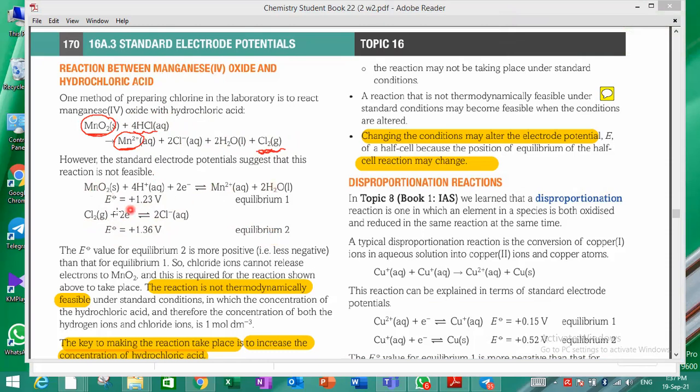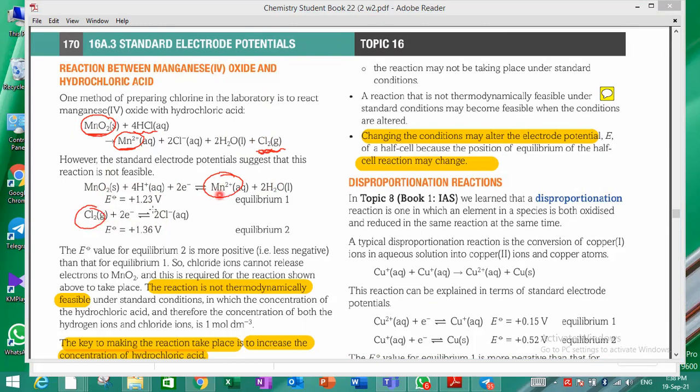We are going to arrange the two equations as we used to do, the one with the less positive value first and the one with the more positive value second, and we will see that manganese ions would react with chlorine gas and not the opposite. They want us to prepare chlorine starting from MnO2.